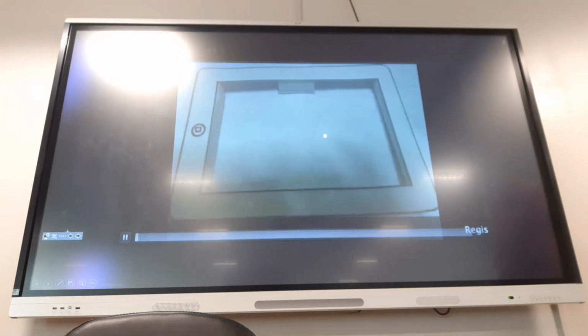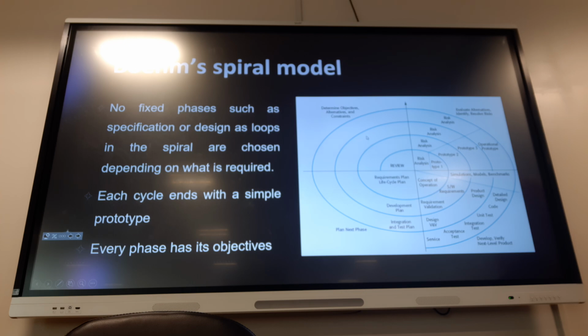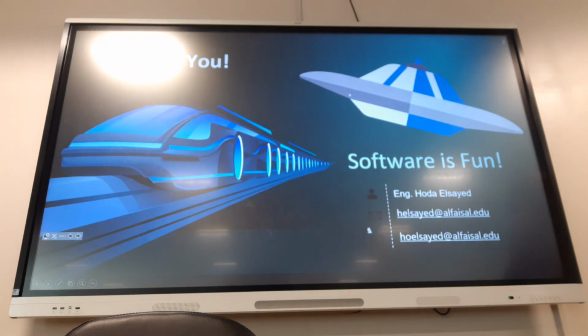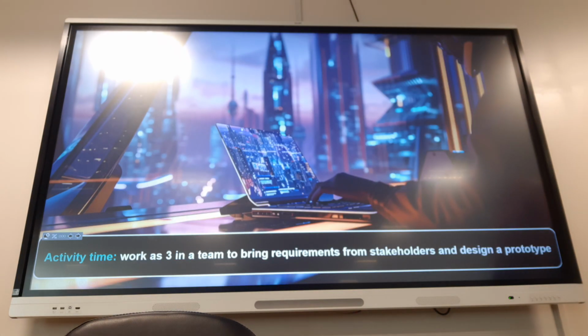And then we looked into the spiral model. And the last one is the modern approach, which is RUP, or Rational Unified Process. Okay, I finished this, and this is the end of our chapter. Let's get back here. I think we have time. We have 10 minutes.